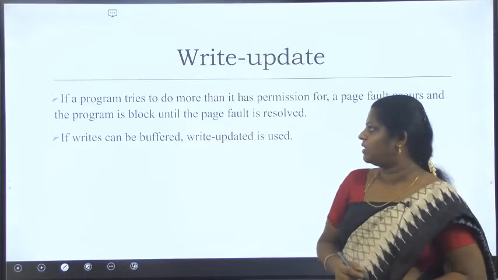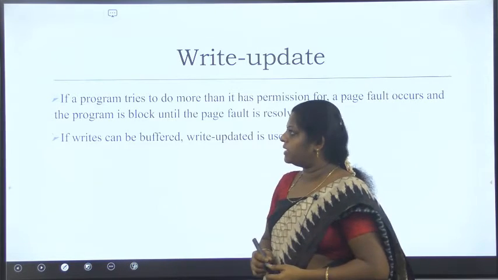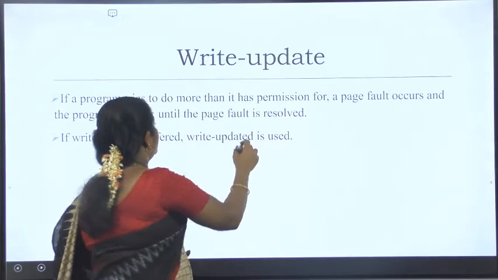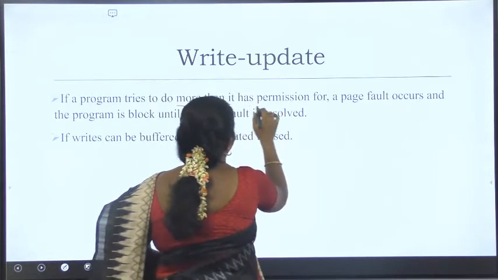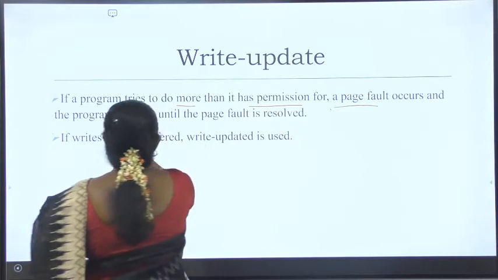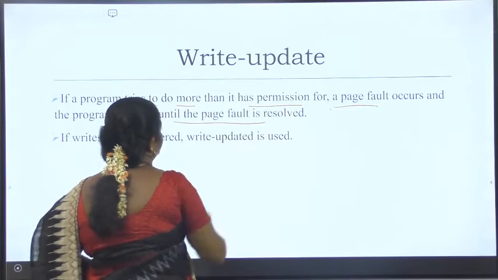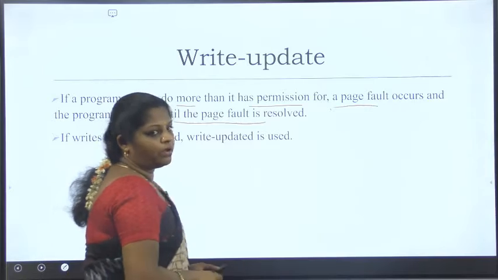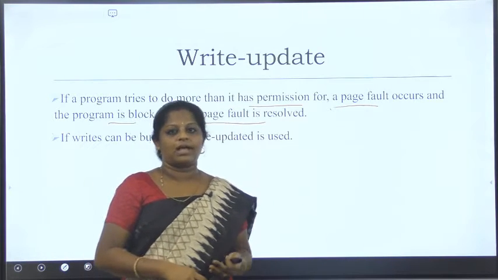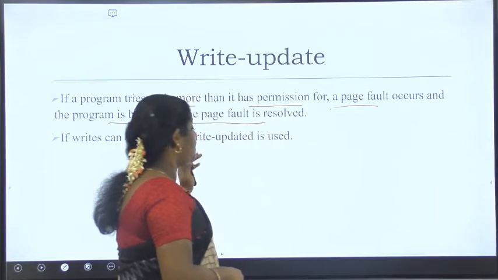We saw this in the previous video, right? Write update. That means if the program tries to do more than it has permission for, a page fault occurs and the program is blocked until the page fault is resolved. In the beginning I told you that the distributed shared memory has restrictions in access.